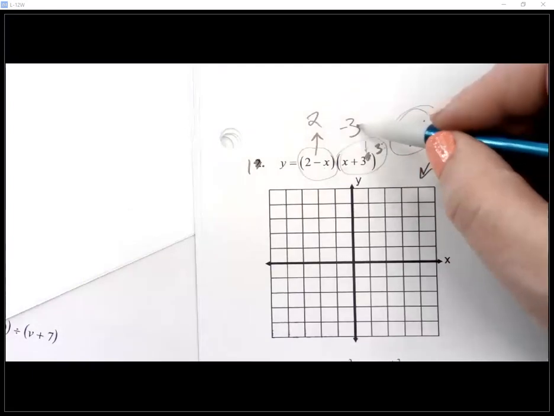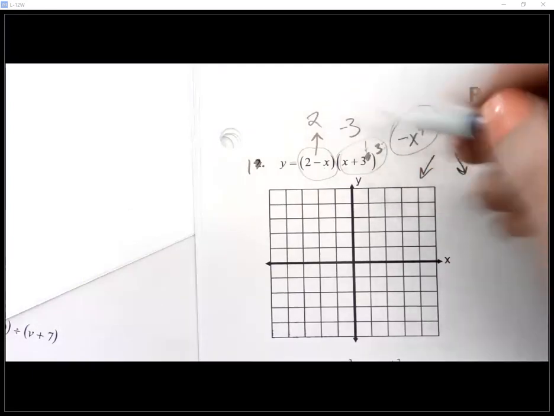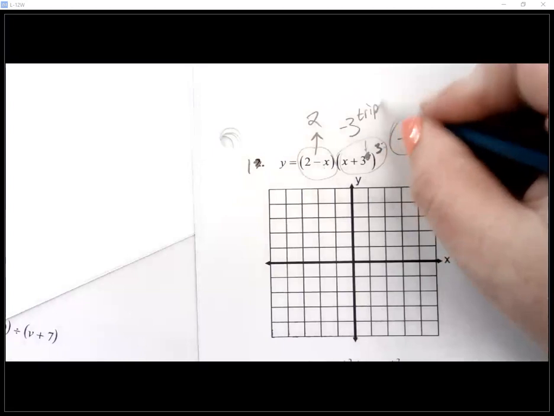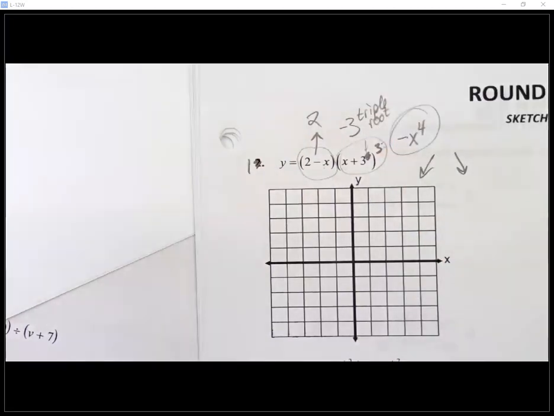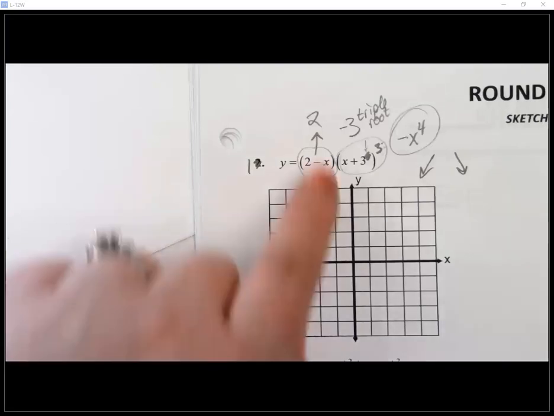So it's a triple root. Or you could get fancy and say you have negative 3 with a multiplicity of 3. That's another way to say the same thing. So that's just saying, hey, I got this same answer, but I got it 3 times in a row. Because remember, I should have 4 total answers. And there they are. I have 1 right here and then 3 of them right there.